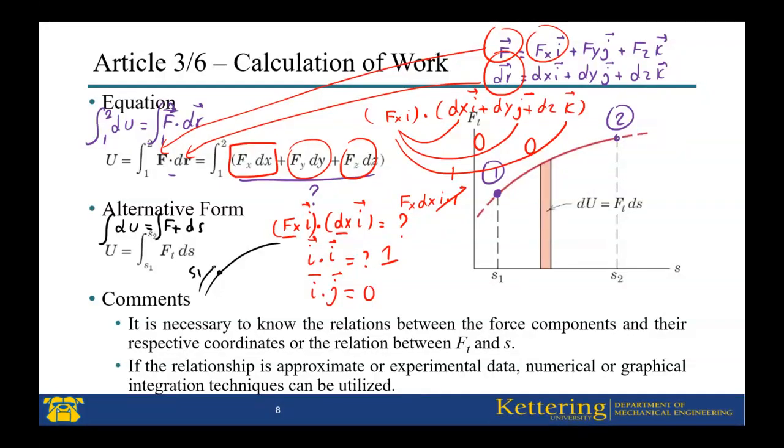S1 is how far it has moved to position 1, and S2 is the distance moving along the curve to position 2 from the origin. If I draw Ft versus S, the area underneath the Ft versus S curve is the work done by the force Ft.